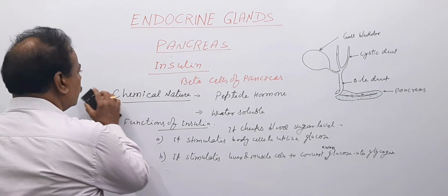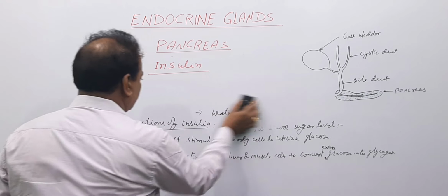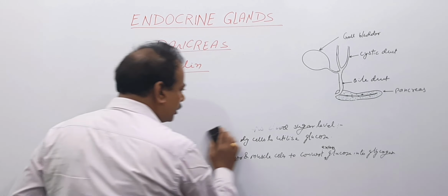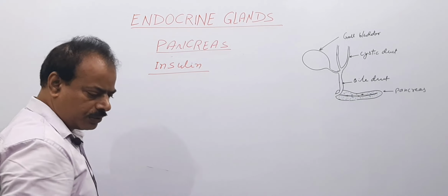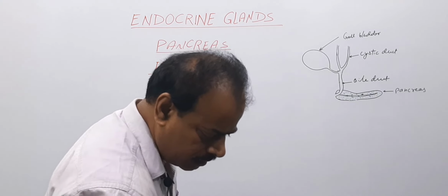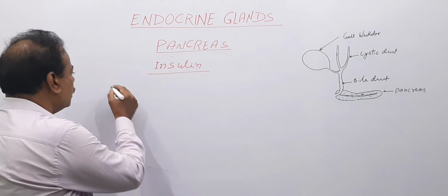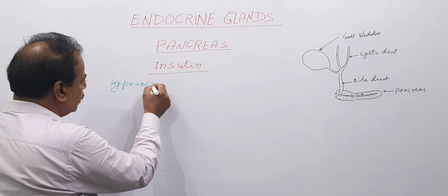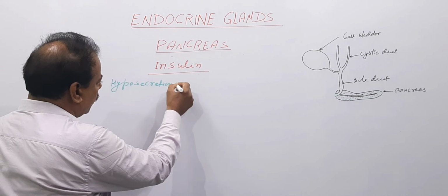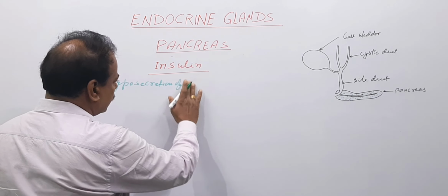Now, hypersecretion and hyposecretion of insulin may cause diseases. Here, hyposecretion of insulin.